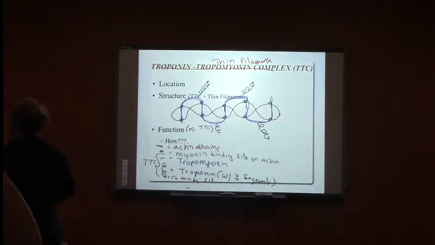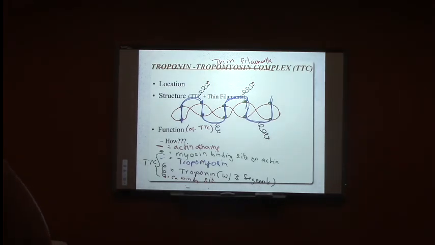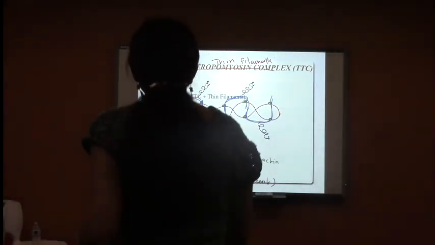No, no. Because together they form the TTC. So the TTC covers up the myosin binding site. The part of the TTC that actually closes it up is the tropomyosin. I'll tell you what the function of troponin is in just a second.